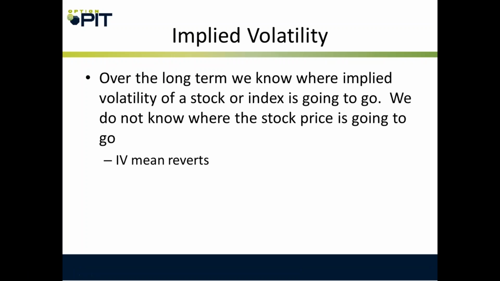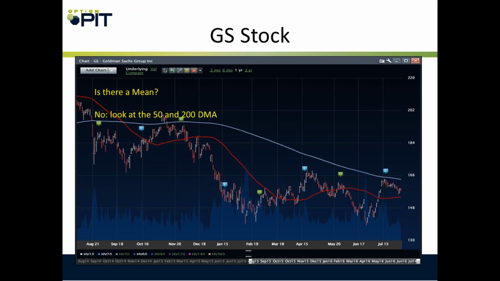So the big thing is that over the long term, we know where the volatility of a stock or index is going to go. It will revert to its mean. We do not know where the stock price is going to go. So again, here's Goldman. Kind of nonsensical, right?